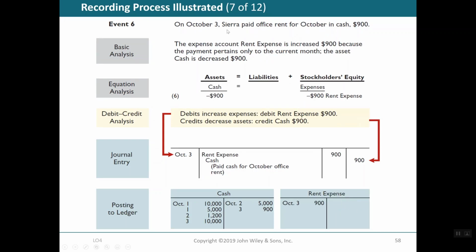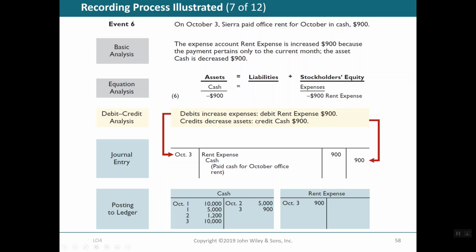All right. Event 6. On October 3, Sierra paid office rent for October in cash, 900. Basic analysis: the expense account records rent expense is increased by 900 because the payment pertains only to the current month's rent. The asset cash is decreased by what? 900. And stockholders' equity expense 900.